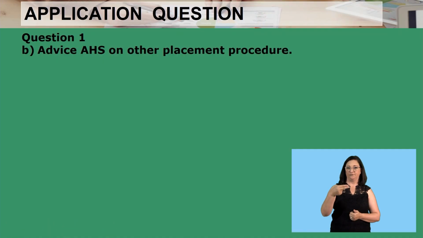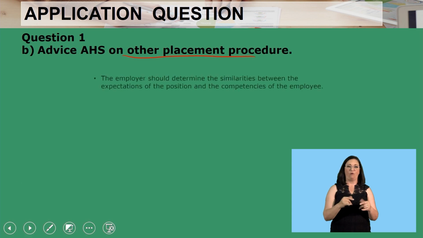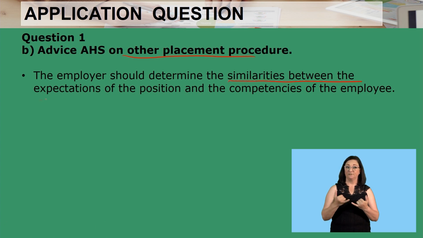The second question says, advise AHS on the other placement procedure. Remember, what did I say about other? Other means what is not included in the scenario. The first one says the employer should determine the similarities between the expectations of the position and the competencies of the employee. What does that mean? The employer is the one that will have to outline the expectations of the new position.